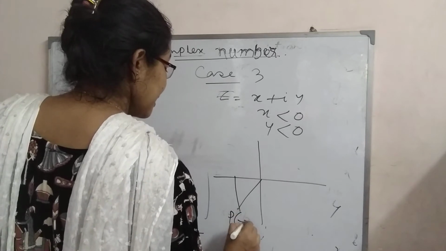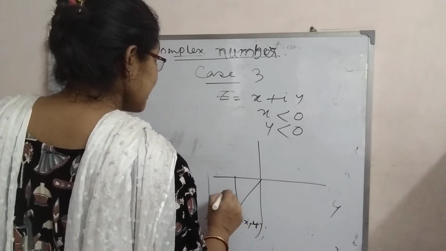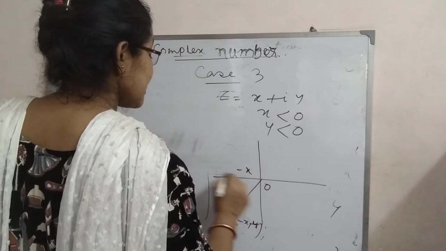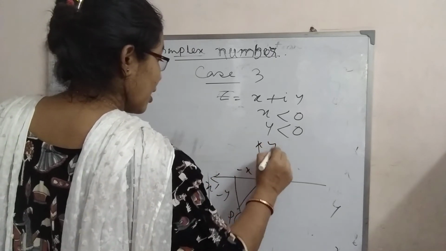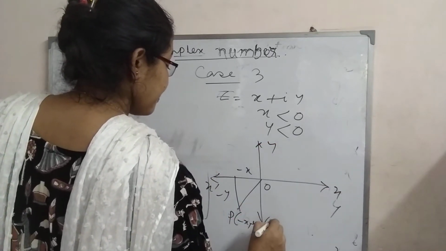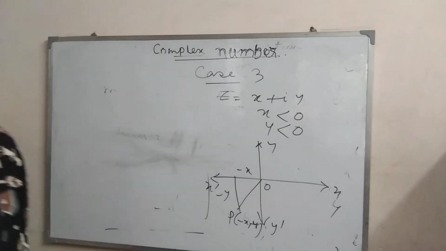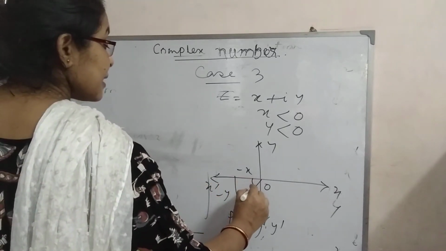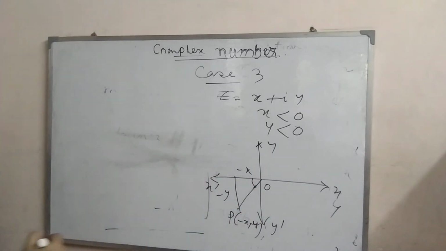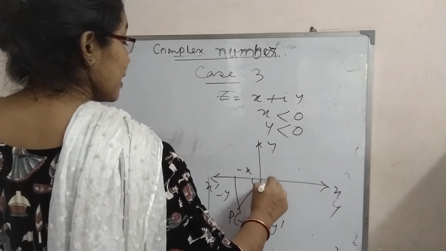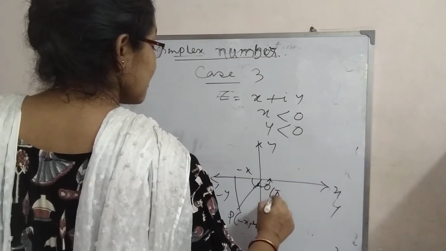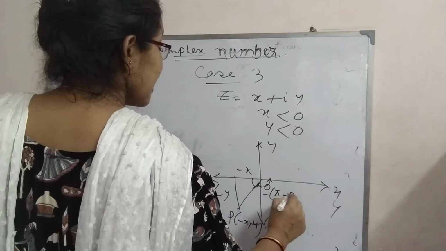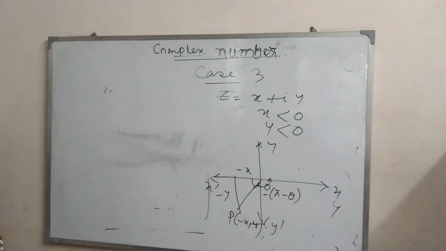This is P(minus x, minus y). This is minus y, this is minus x, x dash and y dash, and this is theta. This is minus (pi minus theta).